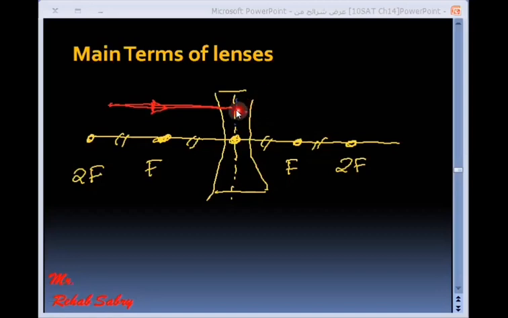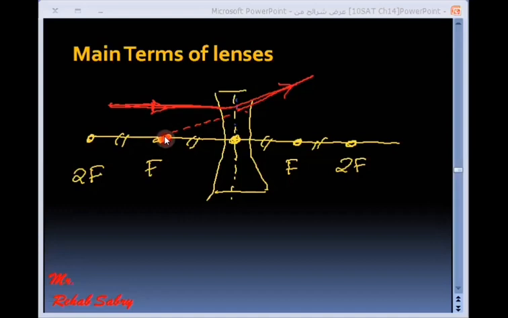It will diverge, but diverge such that the ray extension passes through the focus, as I'm drawing. So it will diverge in this direction. Okay, this is the incident. This is the refracted, such that the extension of it passes through the focus.